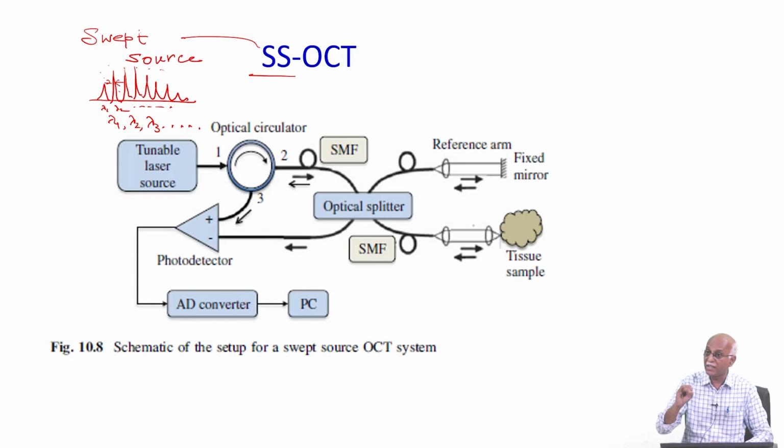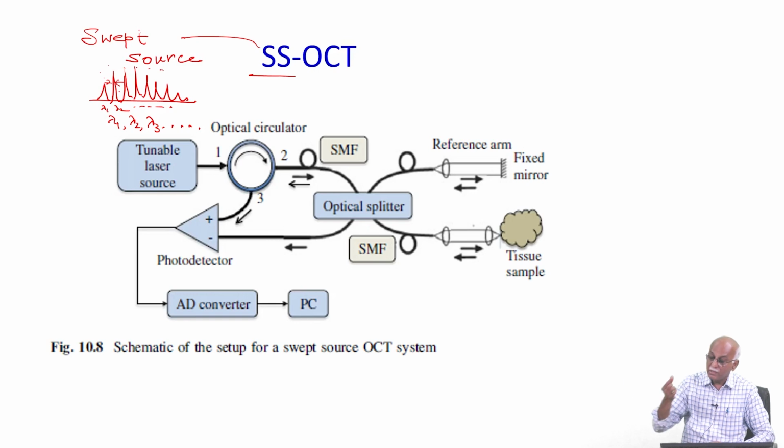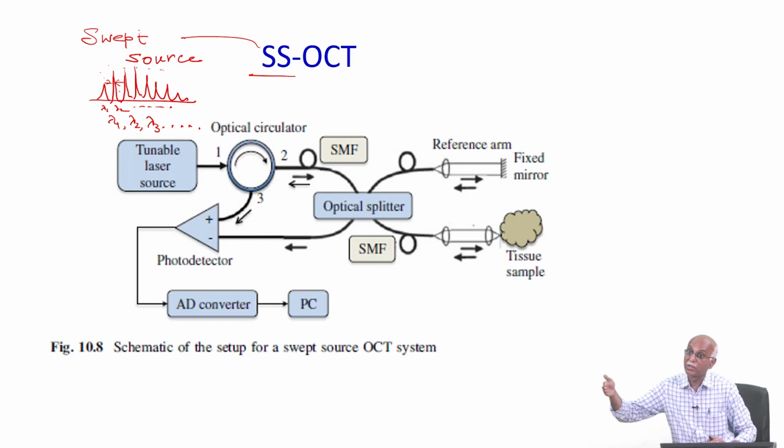Of course, scattering losses and absorption losses come into the picture. However, over and above that, what we can resolve in the frequency domain also depends upon the spectral resolution of the spectrometer. Here, with the spectral resolution of this tunable source as narrow as possible, we will be able to go into the depth direction. So, you should be able to understand that.